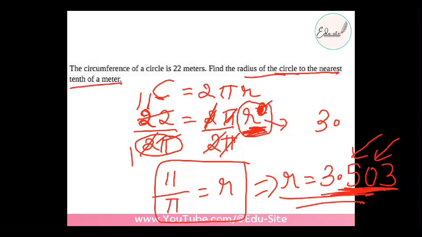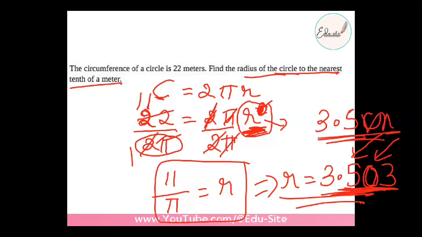Excellent. Why is it so? If it was 3.59, you would look at the hundredths and write it as 3.6. But it is 3.50, nearer to 5, so we are going to write 3.5. What is the unit? The unit is meter.